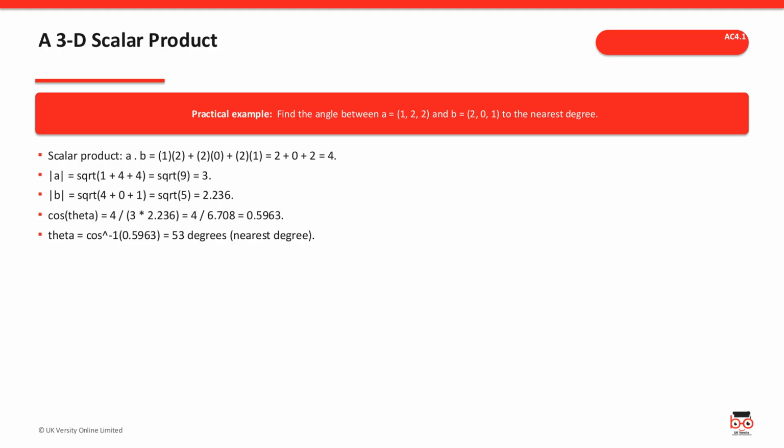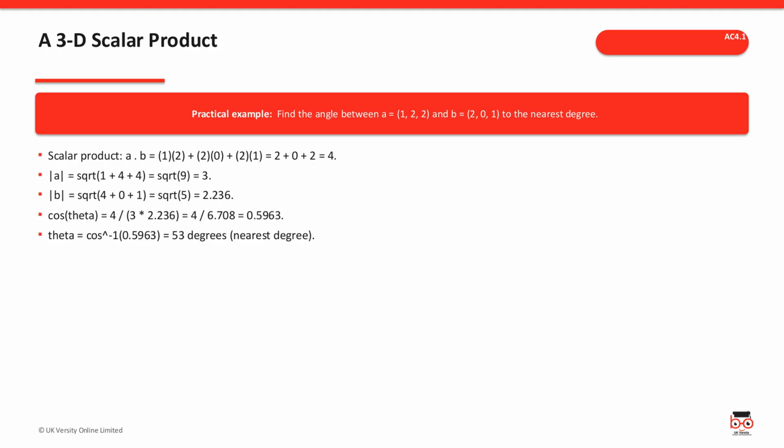Now a 3-dimensional example, the angle between a = (1, 2, 2) and b = (2, 0, 1), to the nearest degree. The scalar product is 1 times 2 plus 2 times 0 plus 2 times 1, which is 2 plus 0 plus 2, giving 4.